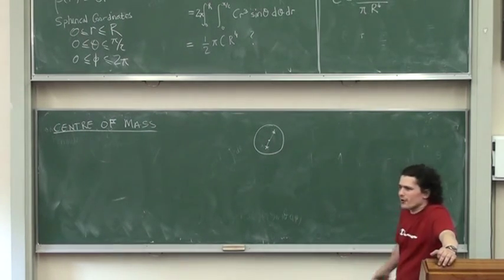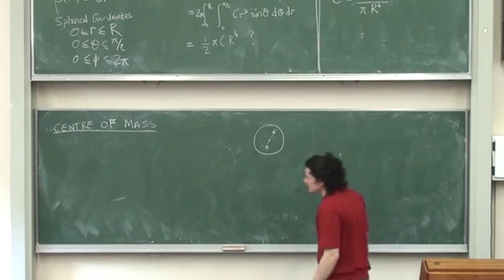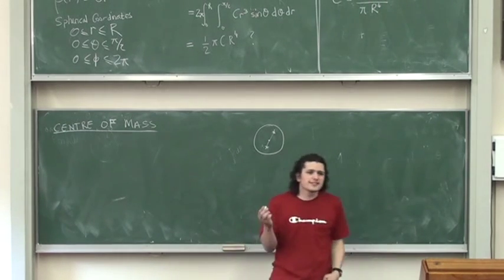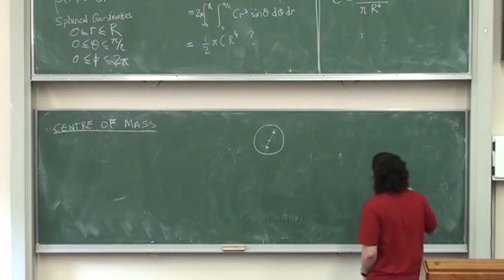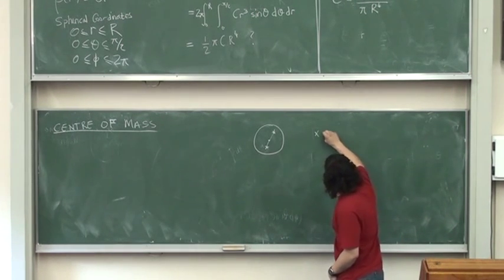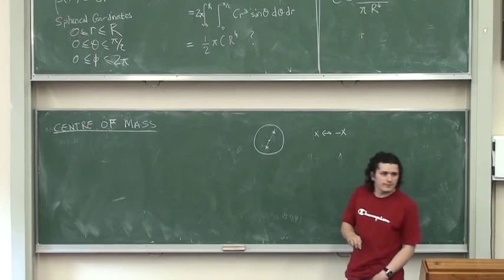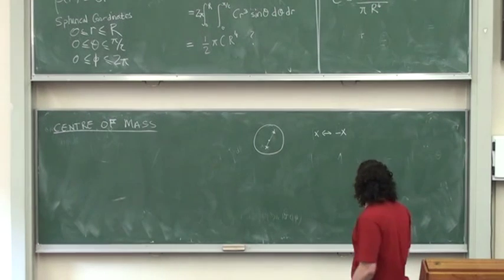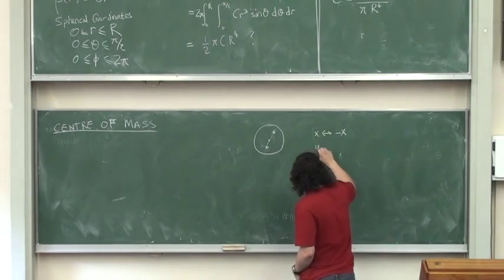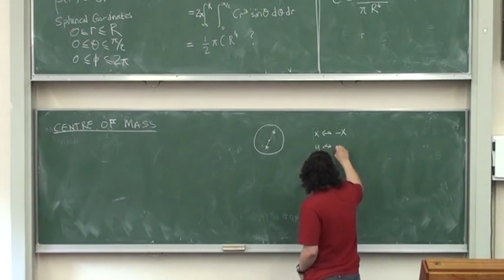So, what you can try doing is considering what happens to the density when we replace x with minus x. And what happens to the density when we replace y with minus y?